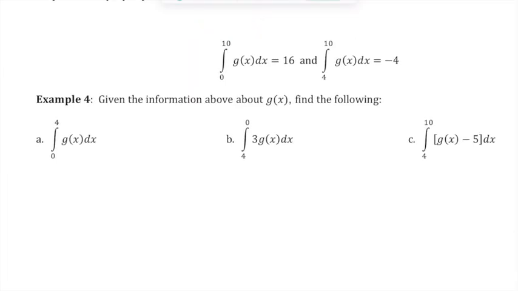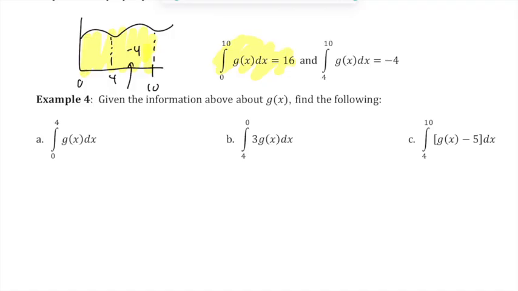And so here we go. We're given that we have an integral from 0 to 10, and we know that this integral right here is going to be 16. But we also know that from 4 to 10, this integral is going to be negative 4.